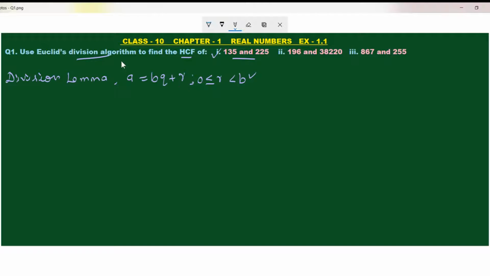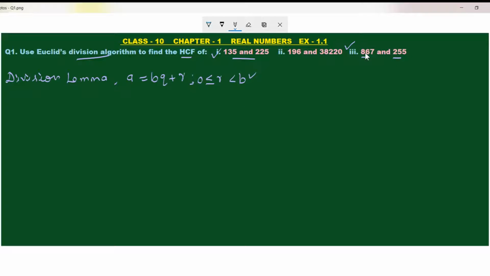Now we are going to follow the steps, which is the algorithm. Already we know algorithm means it is a set of steps to be followed to do some problem. Got it? So here we need to find out the HCF. First we'll solve the third part and then we will do the second part. First step, you need to divide the greater number by the smaller number.